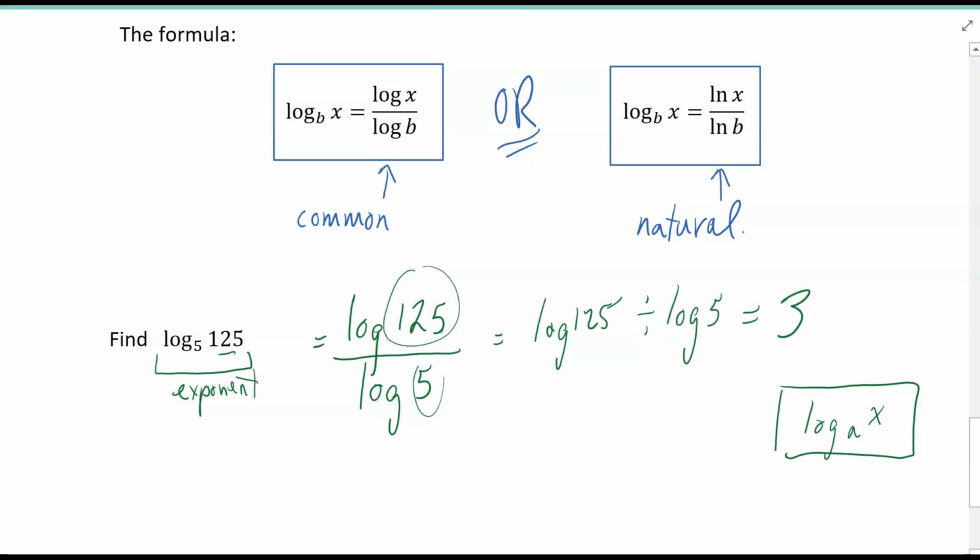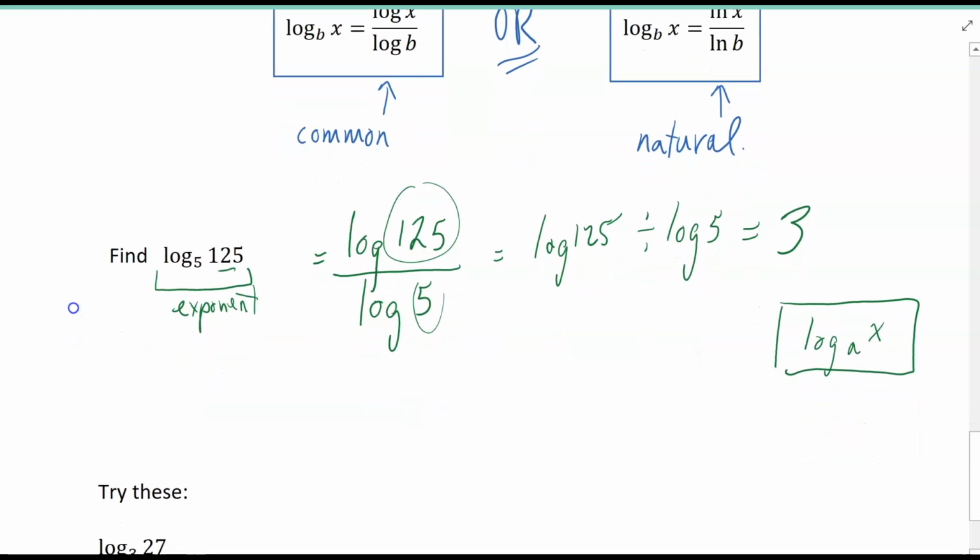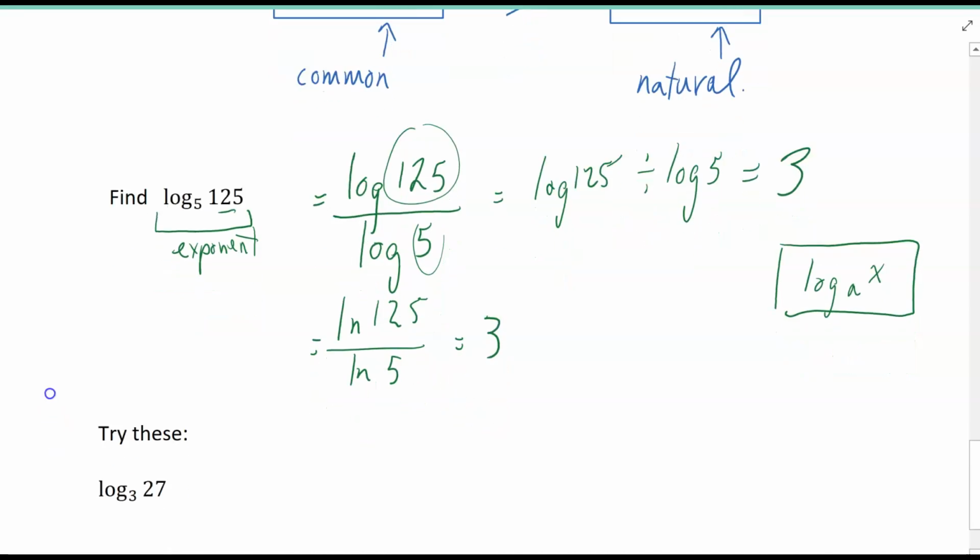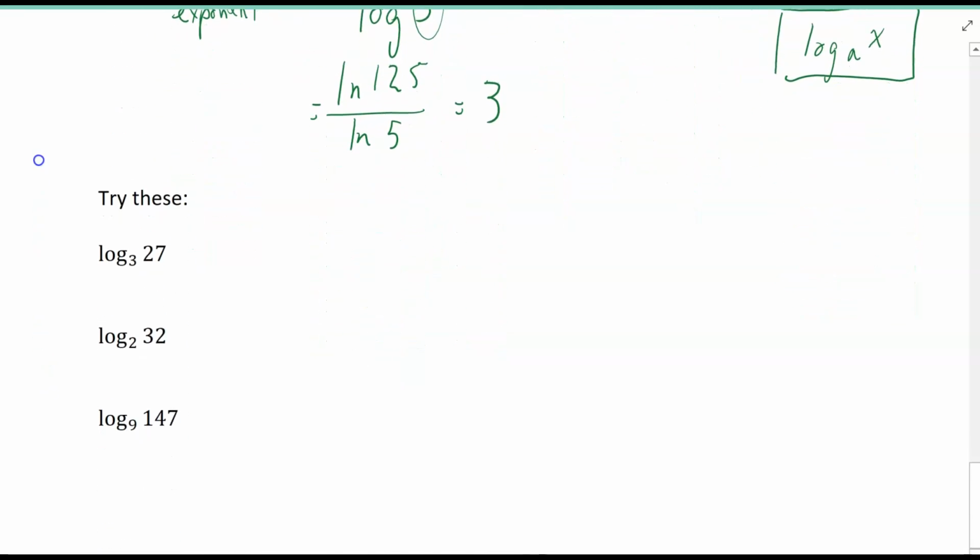You can do exactly the same thing with the ln button. So it will also work if I do ln 125 divided by ln 5. So here are a few more for you to try with your calculator.